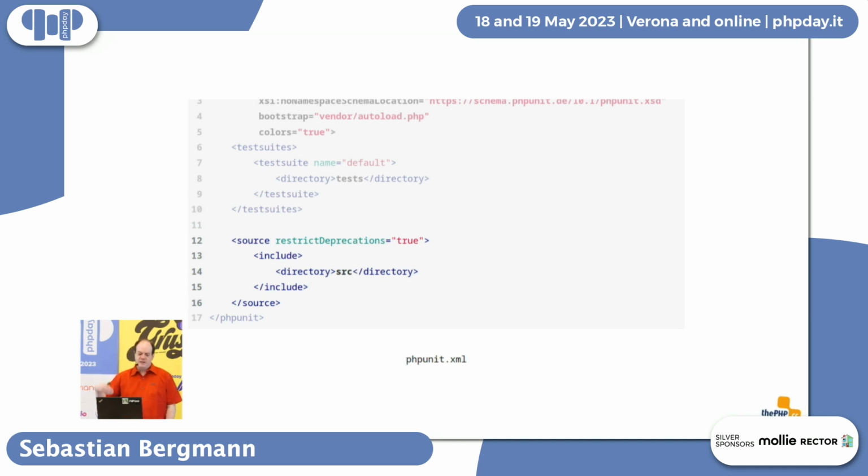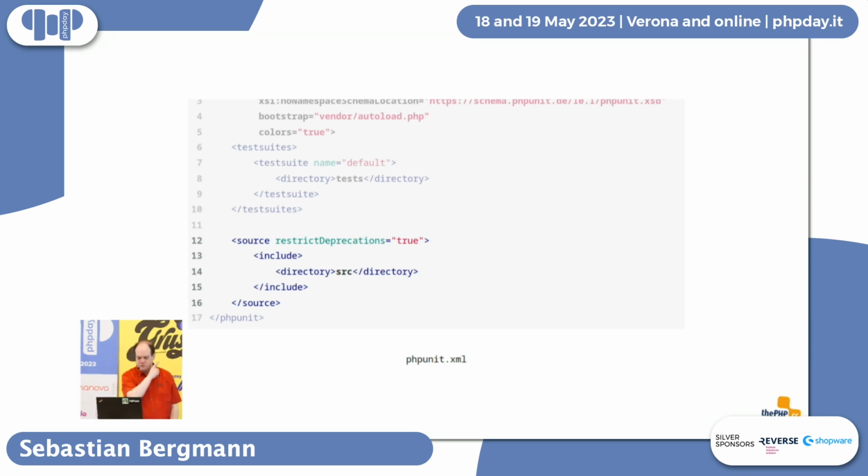It's relatively easy to migrate to that, and the important thing here is we say, hey, this is the code I'm interested in. This is my code. And this information is currently used for two things. It's used for code coverage reporting, and it's used for deprecations, notices, and warnings.